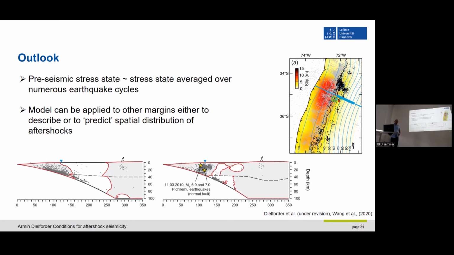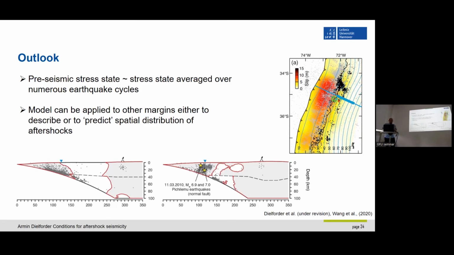No, I would actually think that afterslip and also aftershocks in the plate interface also play a role. The big change in stress occurs co-seismically. And afterwards, I think we have smaller stress changes due to the processes that you addressed.